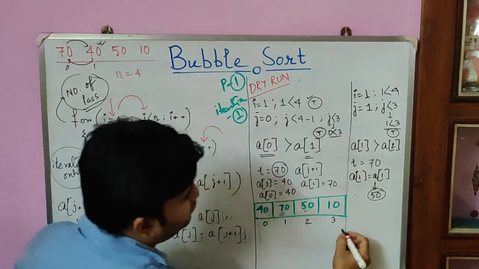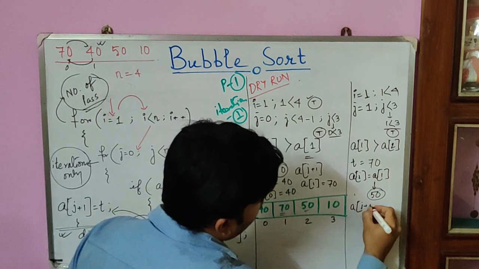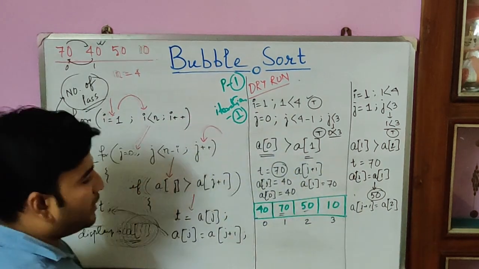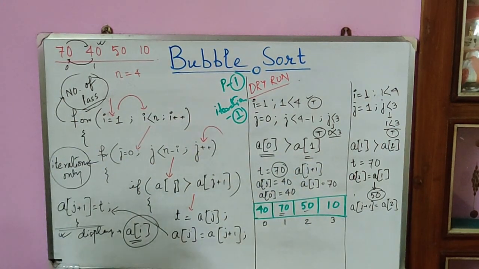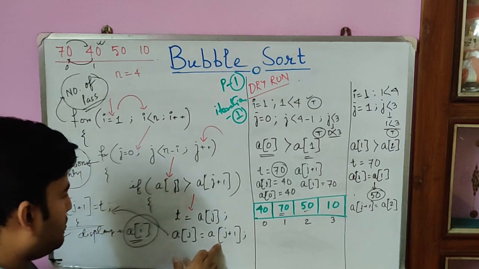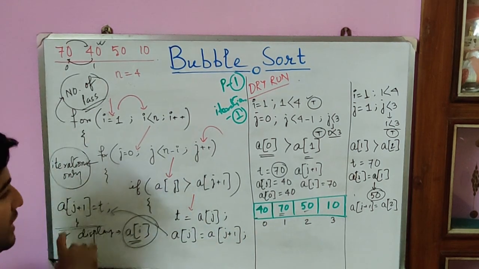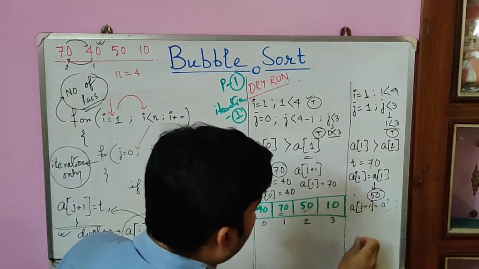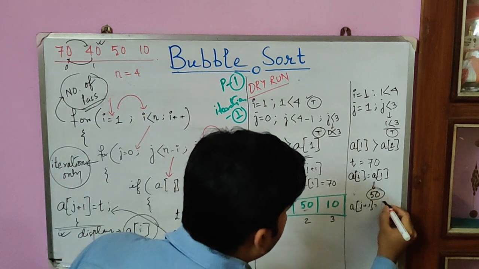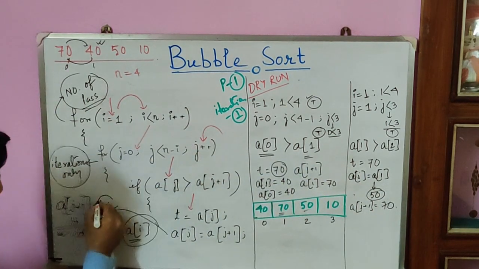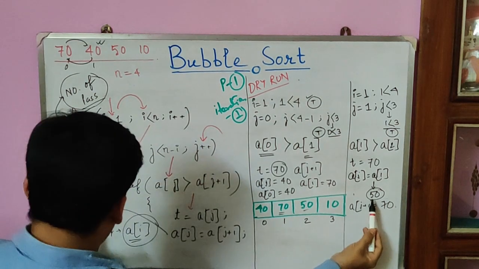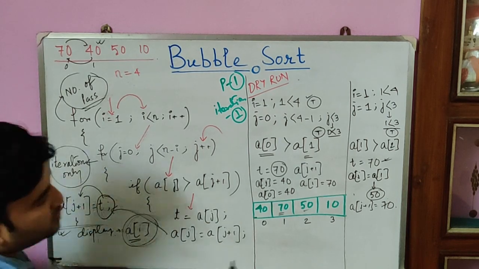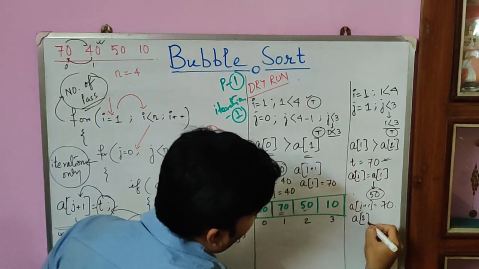Now a of j plus 1, that means a of 2. The t value is 70 because this is the temp value, so it will store in a of j plus 1, that means a of 2.